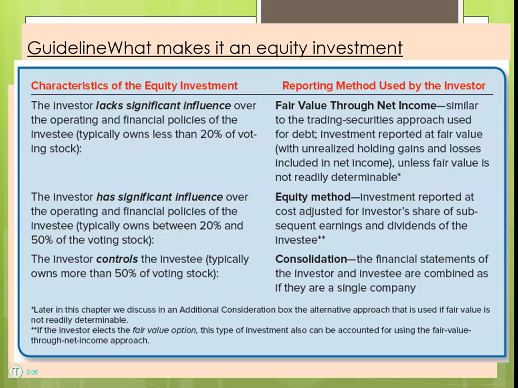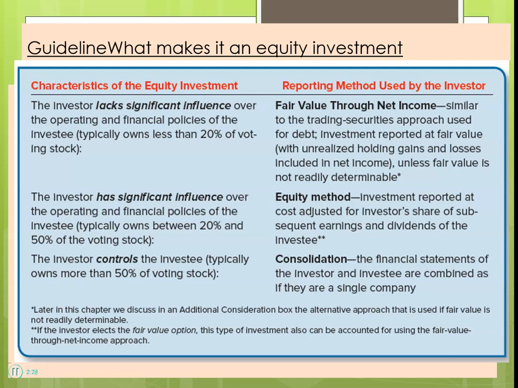So here are the guidelines. If it is an equity investment and we lack significant influence, which typically means we own less than 20%, then we're going to use the fair value method, and any adjustments, unrealized holding gains, are going to go to net income.